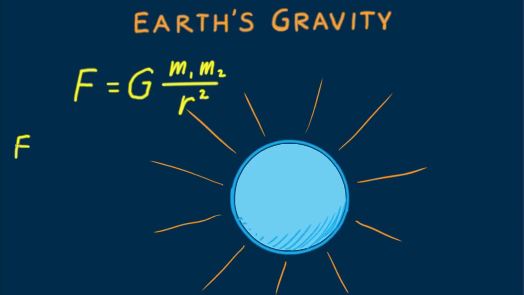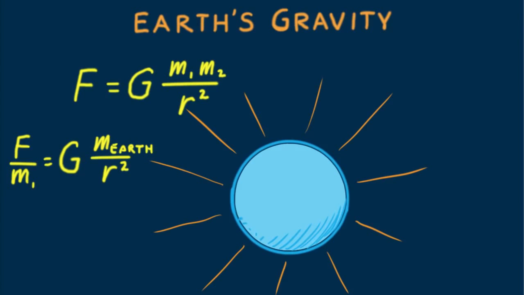If we divide this force by the mass of the object being pulled, let's call it m sub 1, we get G multiplied by m sub 1 times the mass of the Earth divided by the radial distance squared, all divided by m sub 1, which after canceling the m sub 1's equals G times the mass of the Earth divided by radial distance squared.